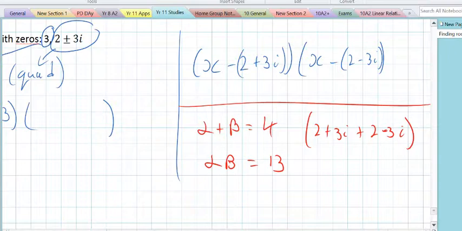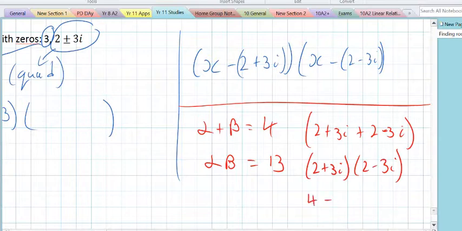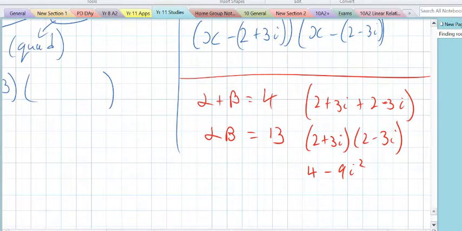And everyone happy with how I got 13? So that'll be this 2 plus 3i multiplied by 2 take 3i, which will come out to 2 squared, 4, minus 9i squared, which gets you your plus. So 4 plus 9 is the 13.